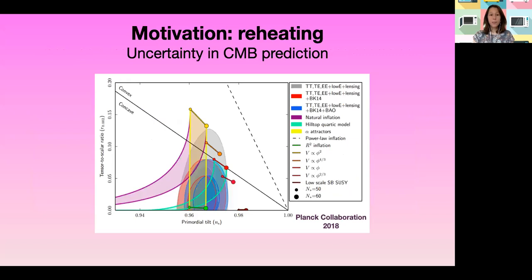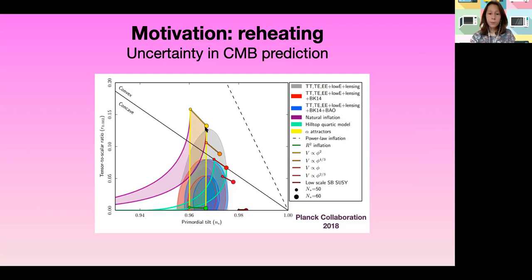An important motivation to study reheating is that it affects the relation between inflationary parameters and the observables of the cosmic microwave background. This is demonstrated in this plot by the Planck collaboration, which shows the 1 and 2 sigma contours of the primordial tilt and the tensor to scalar ratio, so CMB observables.